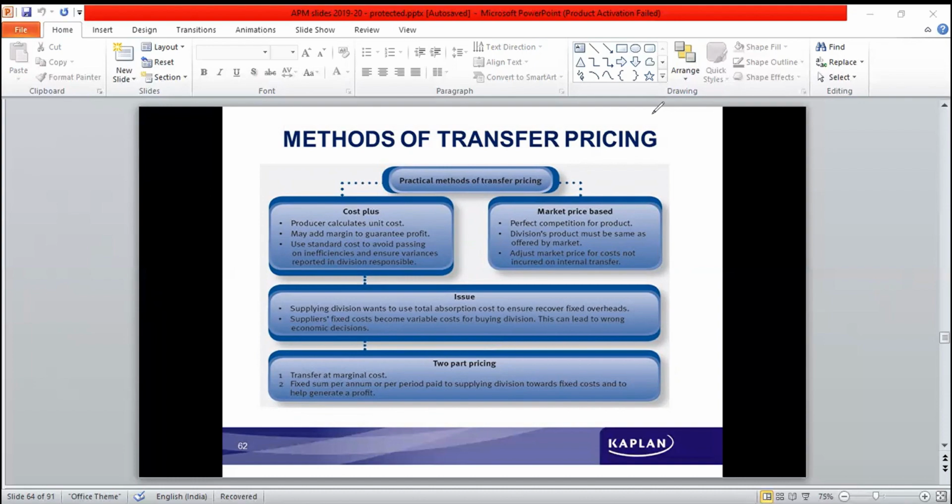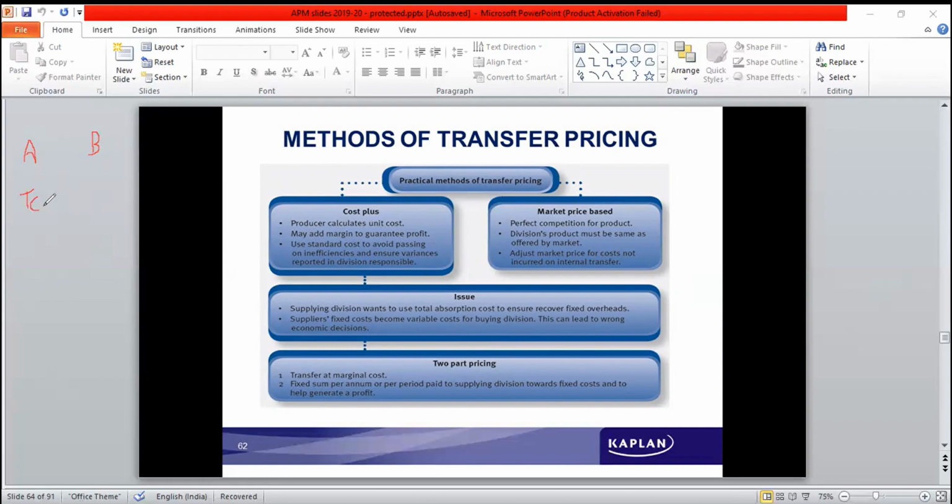What are the issues with this? The supplying division wants to use total absorption cost to ensure it recovers fixed costs. The supplier's fixed cost becomes variable cost for the buying division. This can lead to wrong economic decisions. Consider the supplying division and the buying division. The supplying division's transfer price will be set as total cost plus the profit margin.